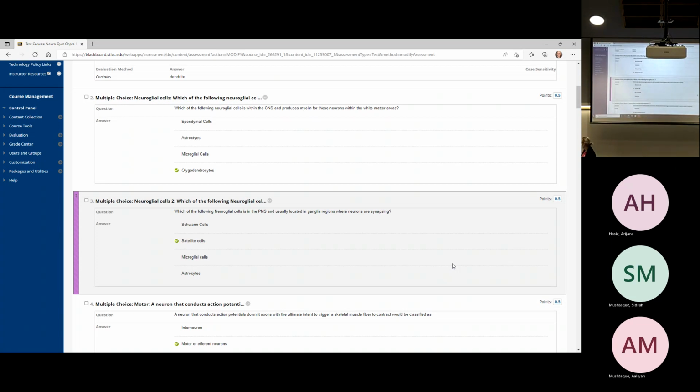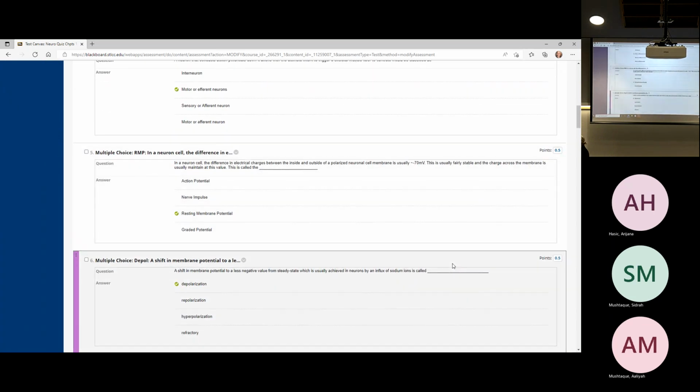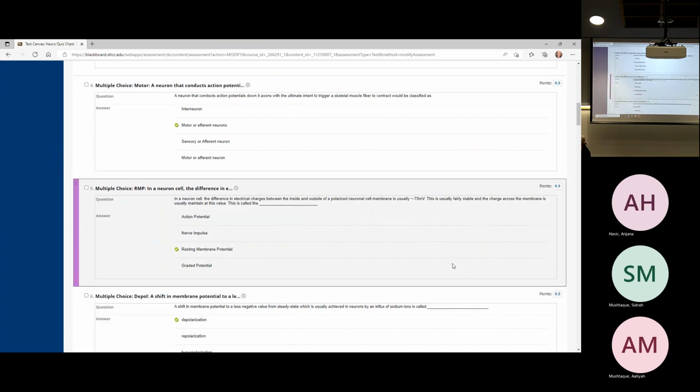A neuron that conducts action potentials down its axon with the ultimate intent to trigger a skeletal muscle fiber. So is that a sympathetic neuron from the sympathetic autonomic system? No. Is that something from the parasympathetic system? No. All right. Is that going to be something related to sensory afferent systems?